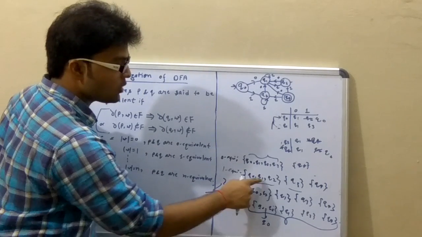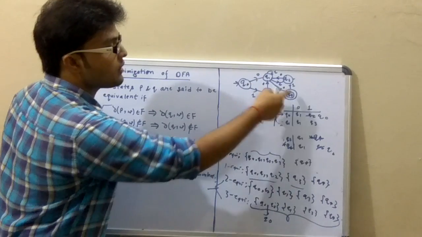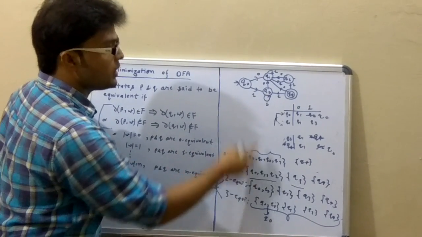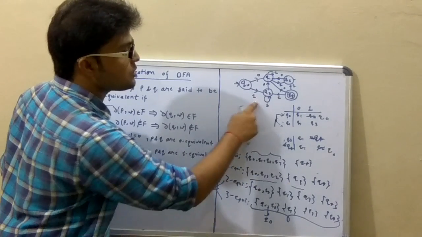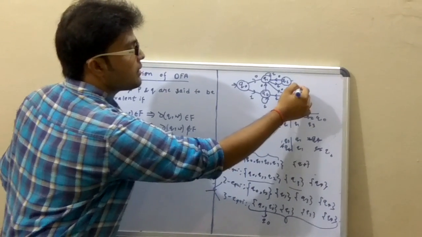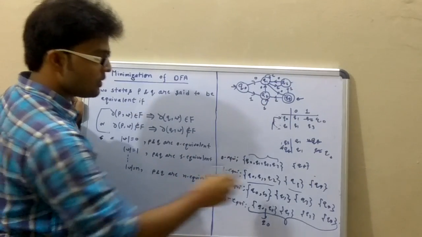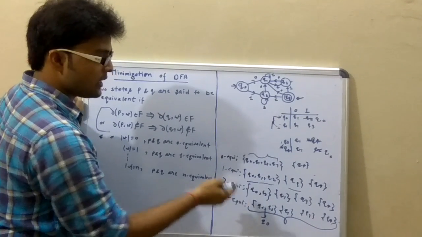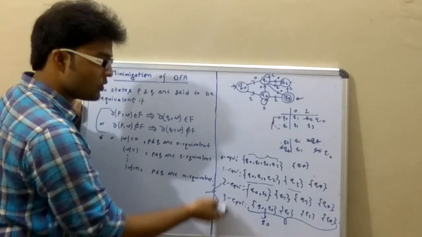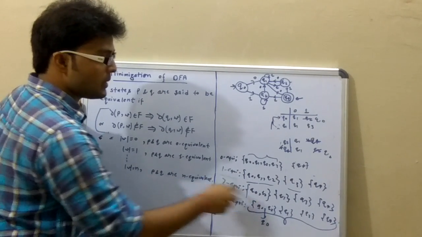Q0, Q1, Q2, all three states cannot reach the final state with an input string of length 1. But Q3 can reach the final state by just applying one input symbol, that is 1. So these are 1 equivalent. Similarly, we can find 2 equivalent, 3 equivalent and so on, but there will be no change after the 2 equivalent. So we can say that these are the minimal states.